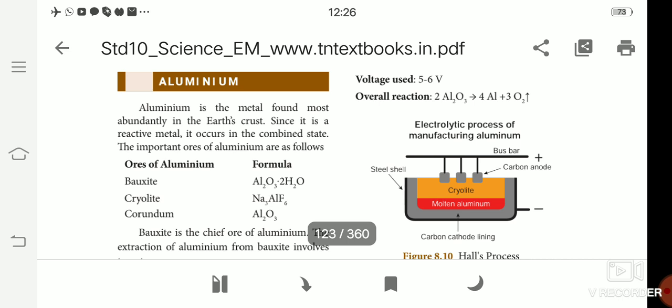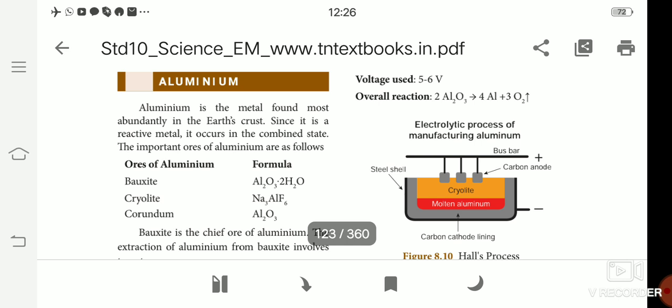The reaction is 2Al plus 3H2O, and the product is aluminium oxide, Al2O3. Reaction with air means oxygen and nitrogen; reaction with water means the H2O molecule.